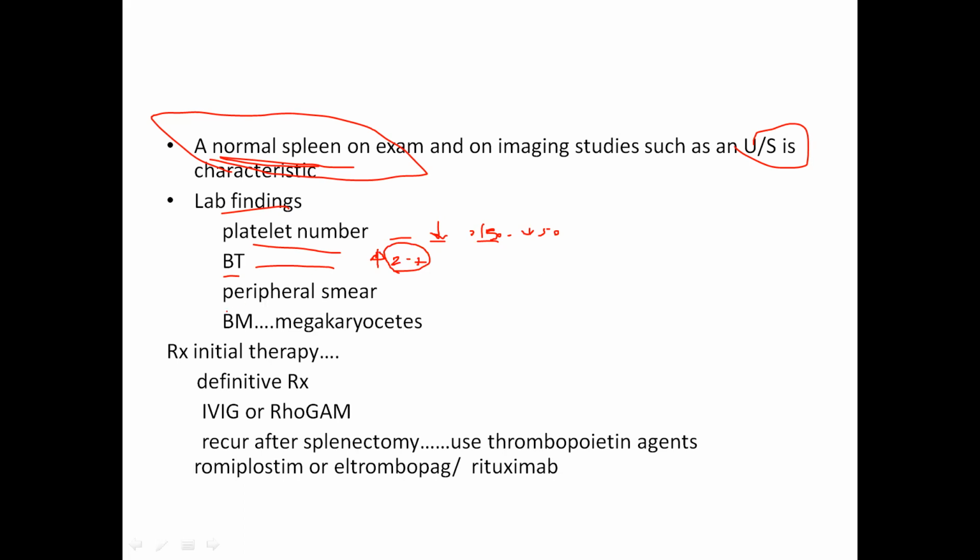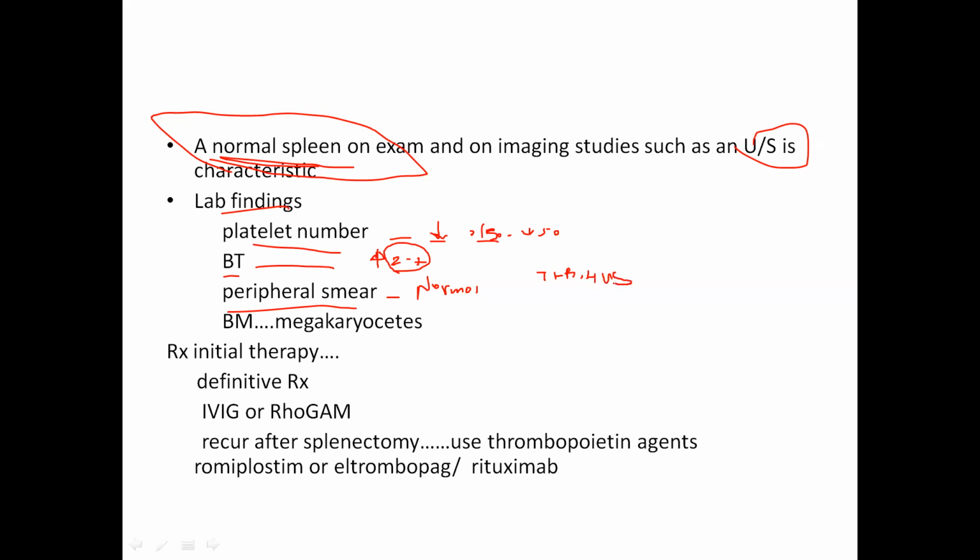Peripheral smear in ITP is normal. By the way, this peripheral smear is very important to differentiate from other causes of thrombocytopenia like TTP and also HUS, or hemolytic uremic syndrome.